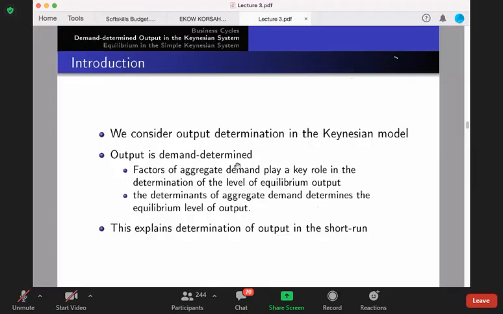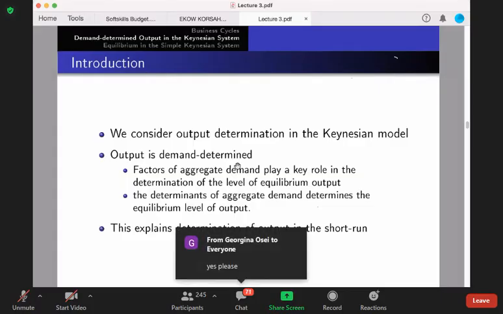All right. Now let's consider output determination in the Keynesian model. How do we determine output in the Keynesian model? Output is demand determined.